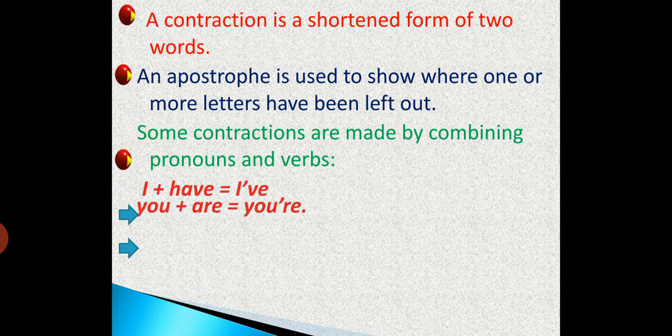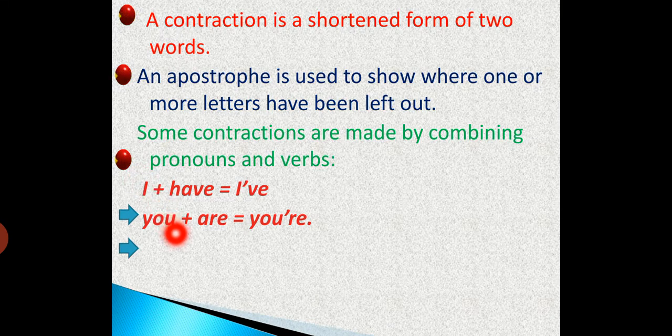Another example, you, pronoun, plus are, verb, so it's gonna be you're. The contraction of you are is you're. And we have a lot of contractions. I'm going to inform you about them.